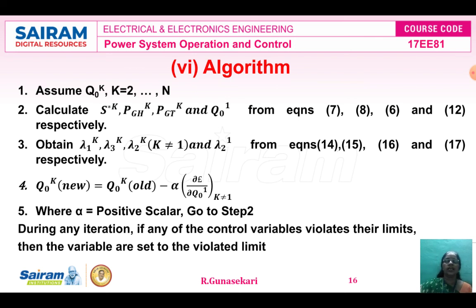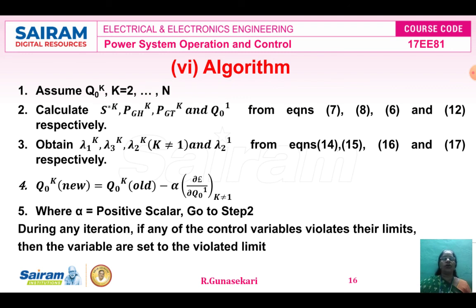The second step is to calculate s*k, PGHk, PGTk and q01 from equations 7, 8, 6 and 12 respectively. Then obtain lambda 1k, lambda 3k, lambda 2k for k not equal to 1, and lambda 21 also. These are obtained from equations 14, 15, 16, 17 respectively.